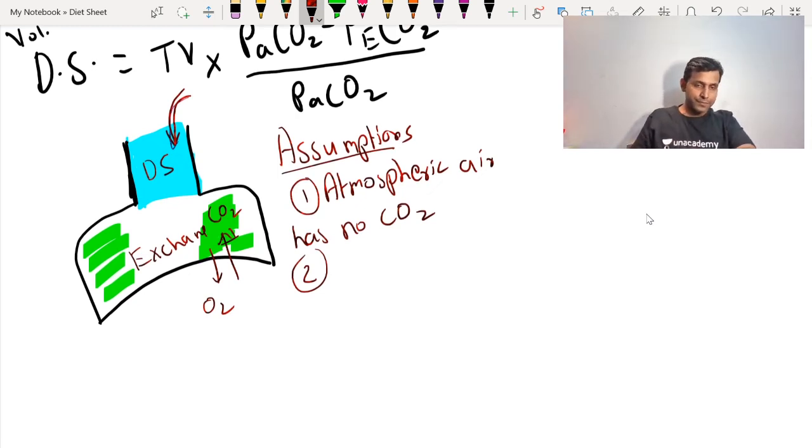is whatever CO2 is being breathed out via this dead space, that CO2 is coming from alveoli.